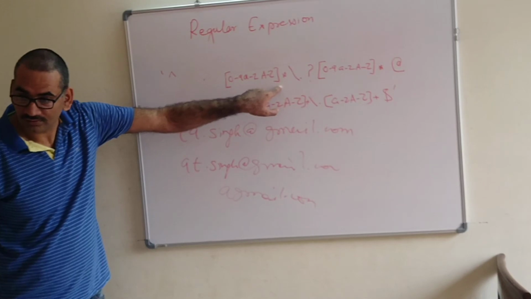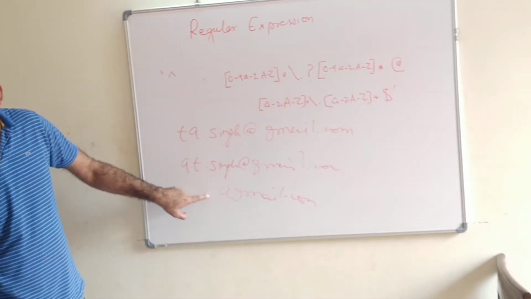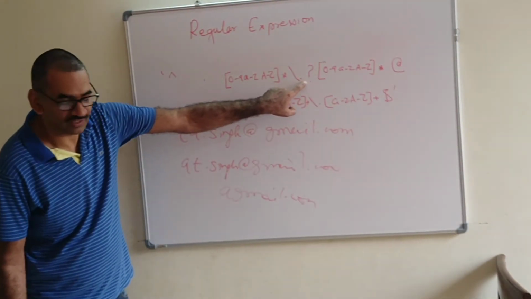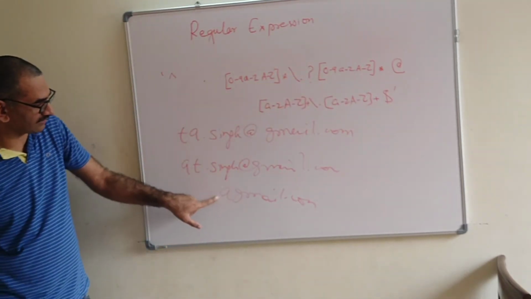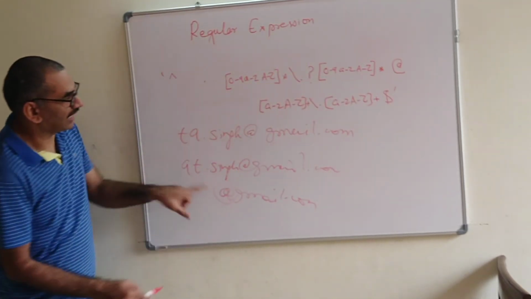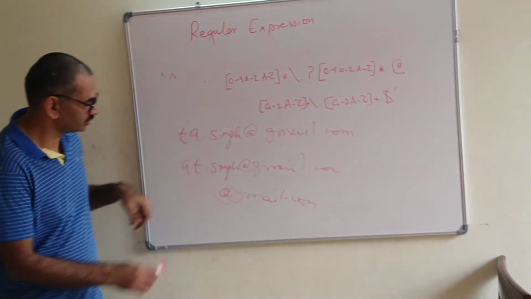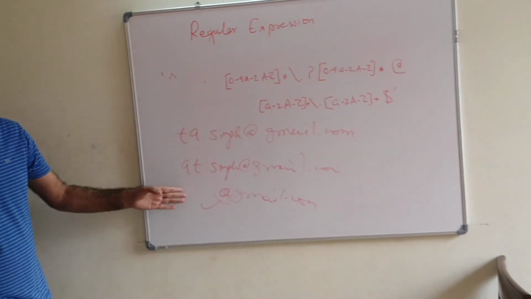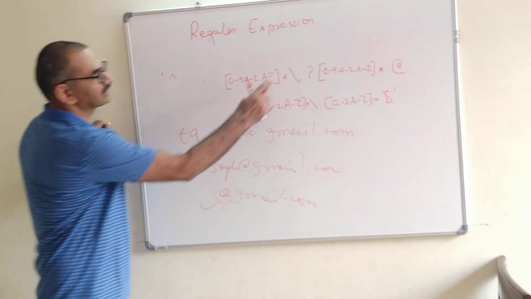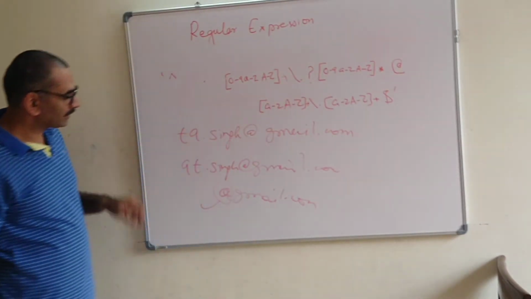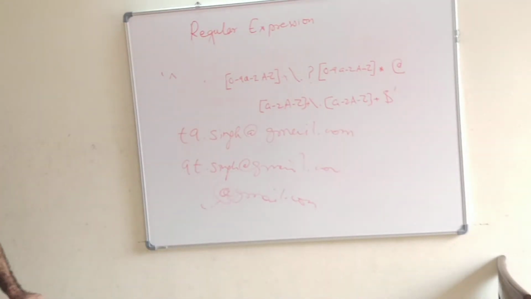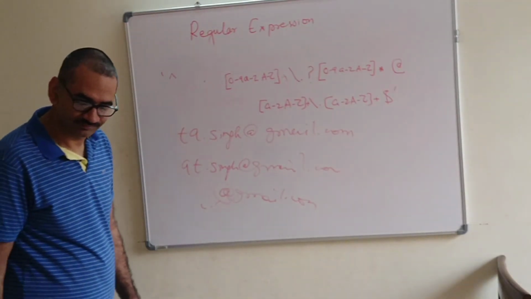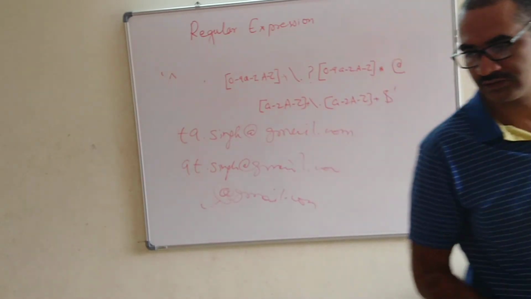Because 0 or more, so 0 present or 1, okay, 0 not present. This is also 0 or more, not present. At, yes, at matches, gmail matches, .com. So this is also a valid email, but this is not a valid email, right? So you have to make it plus here. The moment you make plus here, it needs some characters to be present here. Got it? Anything else? No?